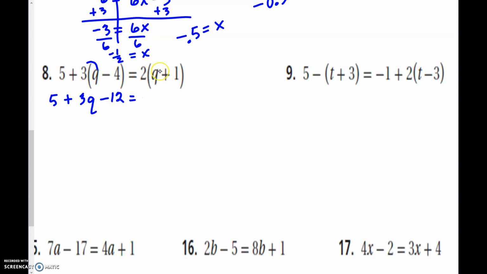And 2 times q is 2q, and 2 times 1 is plus 2. Okay, so I did my first step and got my distributive property. Now I am going to combine like terms. I like to get my letters together. So 2q is smaller than 3q, so I am going to subtract 2q.